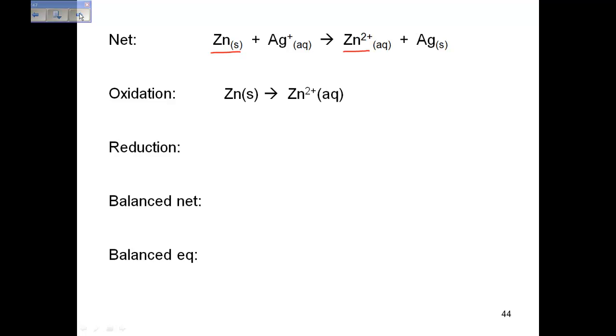So we bring down everything associated with that oxidation, zinc going to zinc 2+. We see that silver is going from a +1 charge to a 0 state. That's reduction, so we'll bring that down. Now we have silver ion going to silver solid.